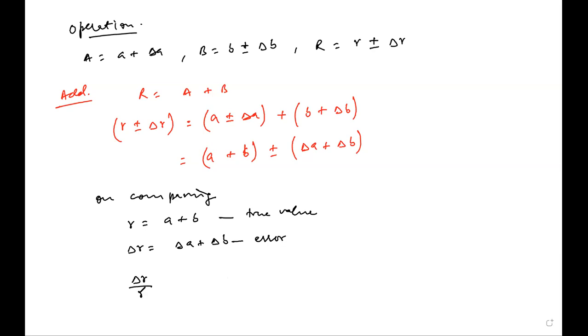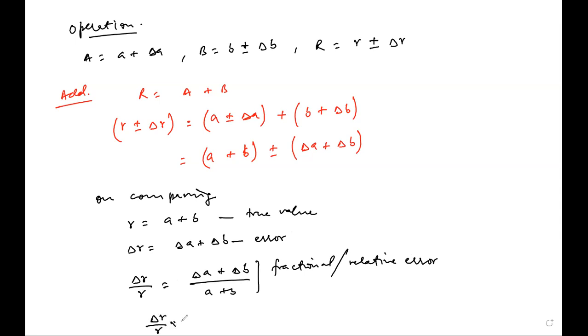And if we divide these two terms, you will get fractional or relative error. And if you multiply it by 100, you will get percentage error.